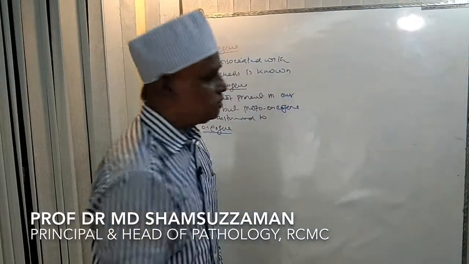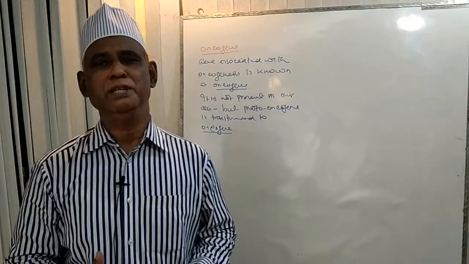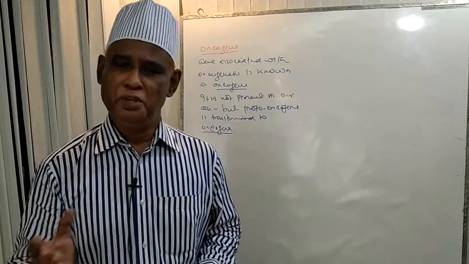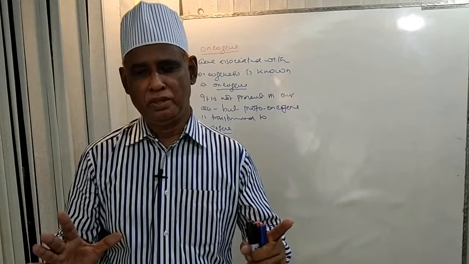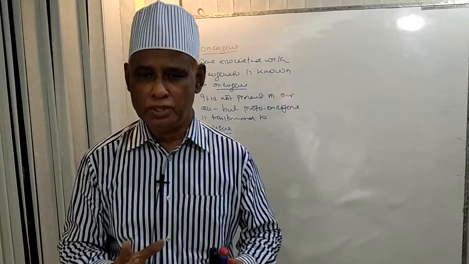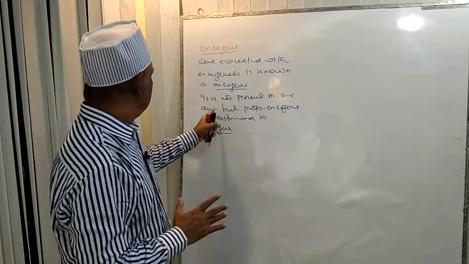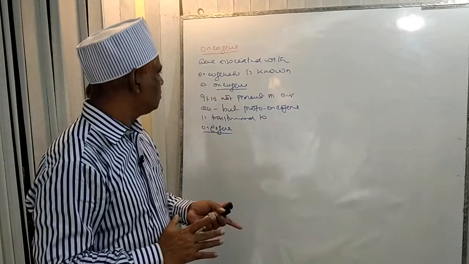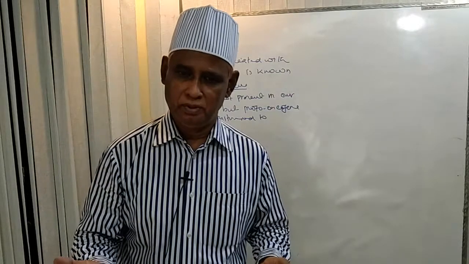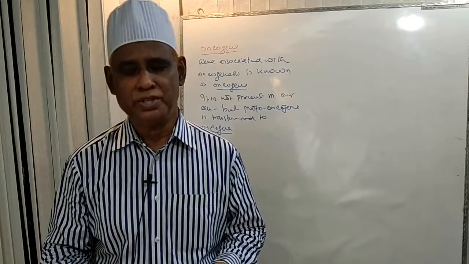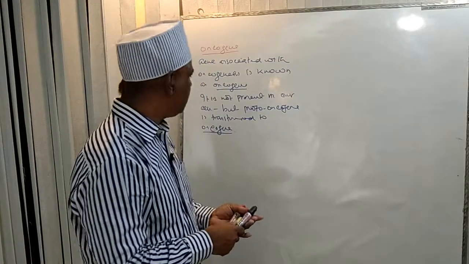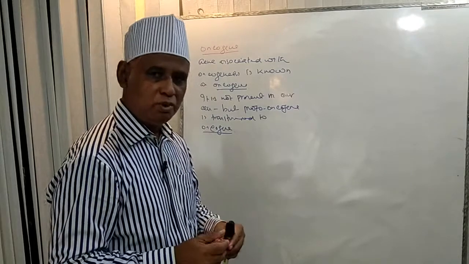Dear audience, I have told you genetic mutation is the molecular basis of tumorigenesis. Until and unless there is genetic mutation, there will be no tumorigenesis. When Proto-oncogene is transformed to Oncogene, there is chance of oncogenesis.